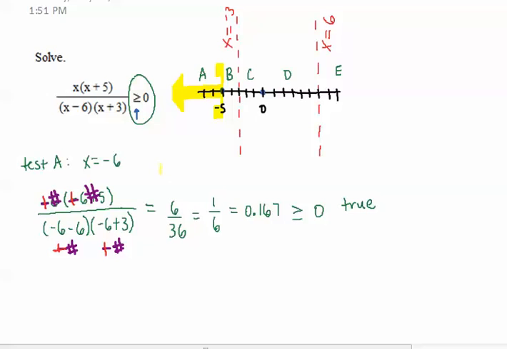I'm seeing full head nods now. If it was just greater than, not greater than or equal to, it would be a parenthesis. Good call. If this did not have the equals right here, then this would be a parenthesis. But because we're allowed to be equal, we already put a solid dot there, then we use a bracket.